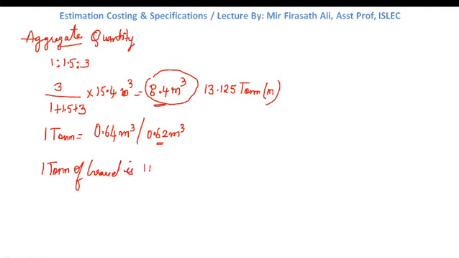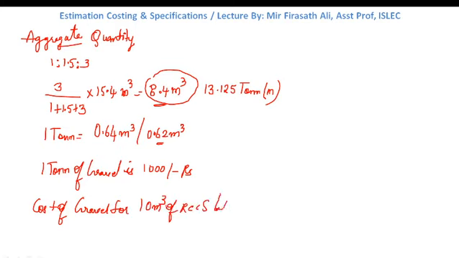is 1000 rupees. So the total cost of gravel for 10 meter cube of RCC slab M20 grade is 13.125 into 1000, so it will be 13,125 rupees.